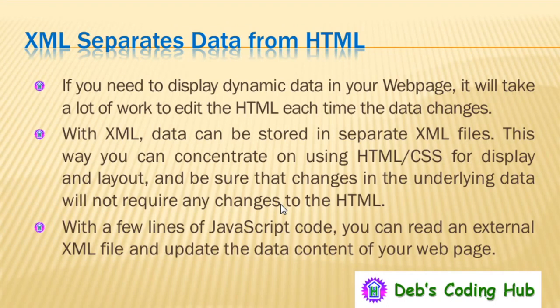There is an HTML file, there is an XML file. The data is not stored physically in the HTML file, it is stored in the XML file. And by parsing the XML file, by writing JavaScript code, we can display the contents of the XML file in the web page or HTML file.